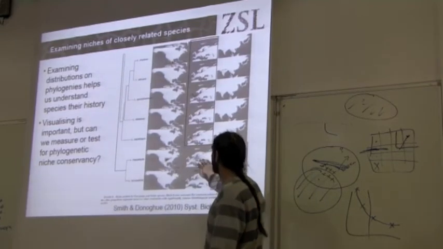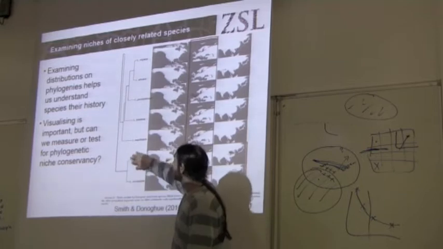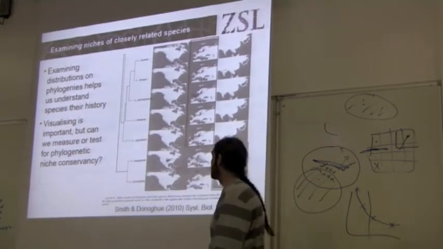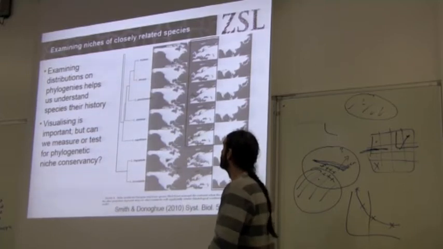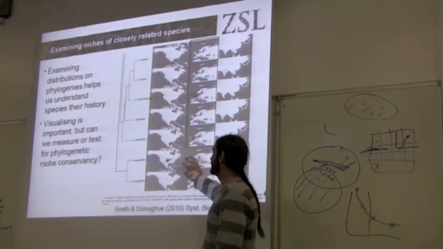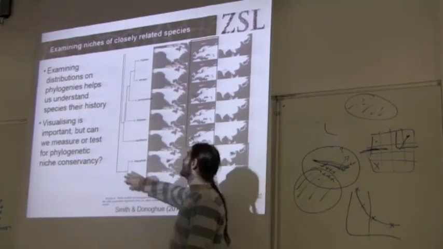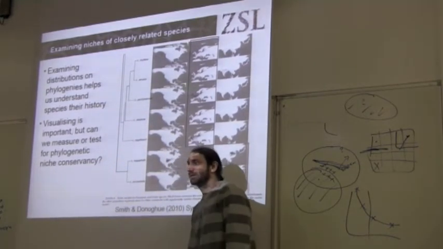We can look at other areas that might be suitable. Again, keeping in mind our relationships, and maybe we can make some inferences about the biogeographic history of our organisms by looking at present distributions, potential other suitable areas, and the relationships between the organisms. Okay?